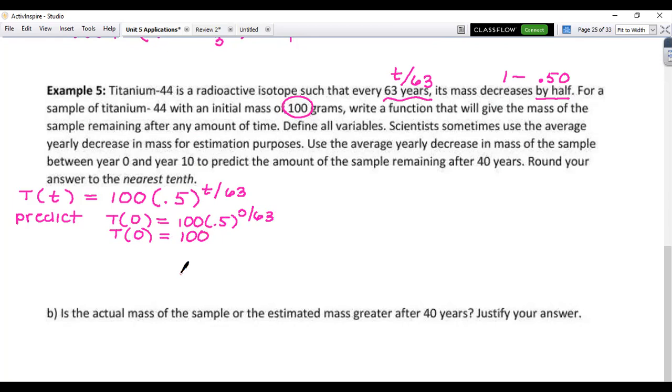Now we need to find after 10 years. Looking for a time. So T of 10 is equal to, this one you're going to have to put in your calculators. What is 100 times 0.5 raised to the 10 divided by 63?